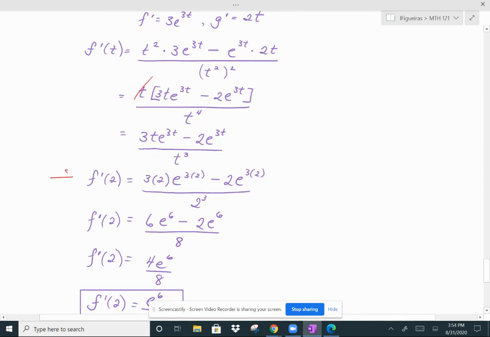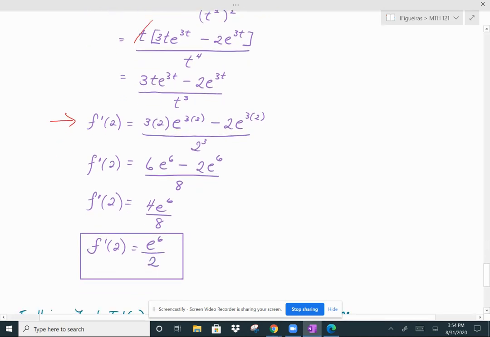So f prime of 2 gives us what you see here, 3 times 2, e to the 3 times 2 minus 2 e to the 3 times 2. So we get 6 e to the 6 minus 2 e to the 6 over 2 to the third power, which is 8, which is what you see here.